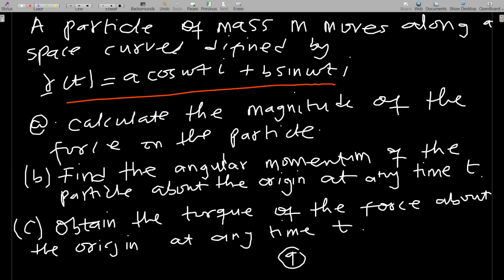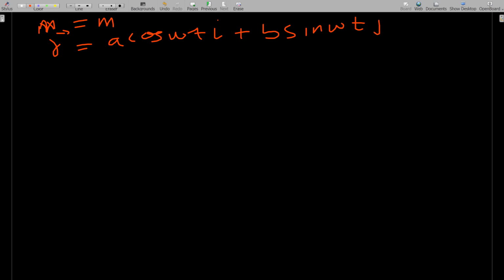So the mass is m, and we know that the position vector r is given as this. r bar is equal to a cos omega t i plus b sine omega t j.